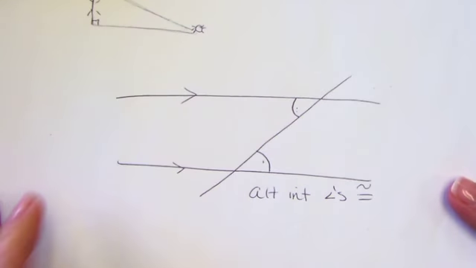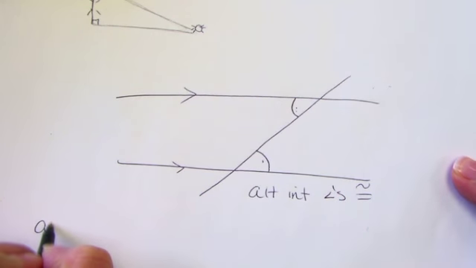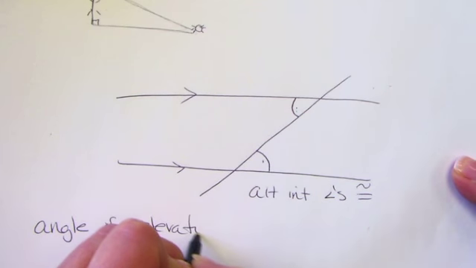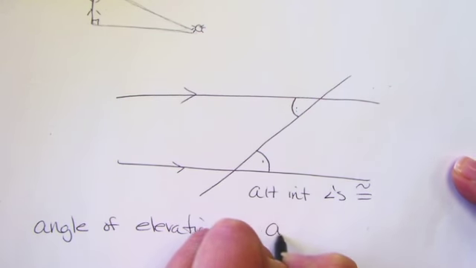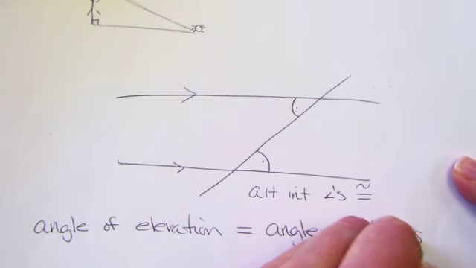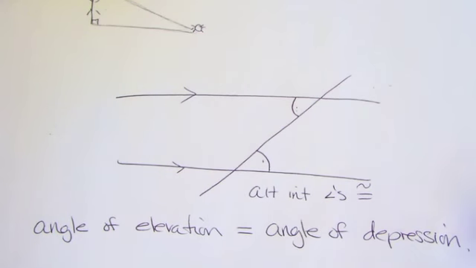So what this basically means is that our angle of elevation is going to equal our angle of depression. Okay, so that will be helpful in our word problems.